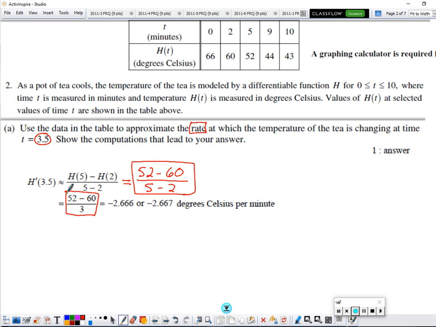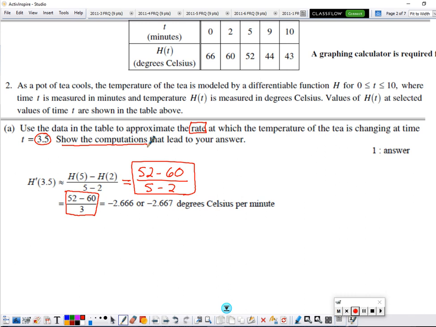Heather? So do we just have to write the red boxes to get the point? Mm-hmm. So is it just because it says show the computations that lead to your answer rather than saying show your answer? How can you tell that you can just stop there? Gotcha. So I have to show either this red box or this one because it did say show your computation.